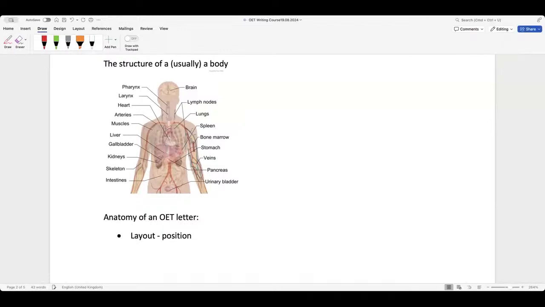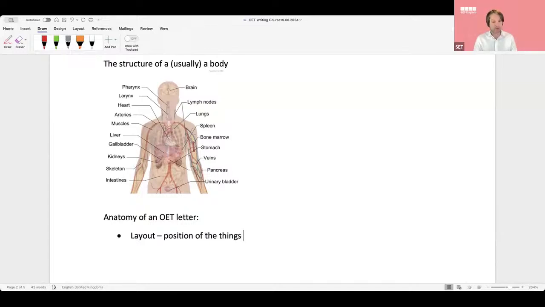Position. There we go. Position of the things, right? So the layout of a human body, brain is here, right? Brain is not here. Right? So it's where do things go? So we'll look at that today. We'll look at exactly where does the address go, right? The position of the address, the position of the date, the RE line, all of that stuff.